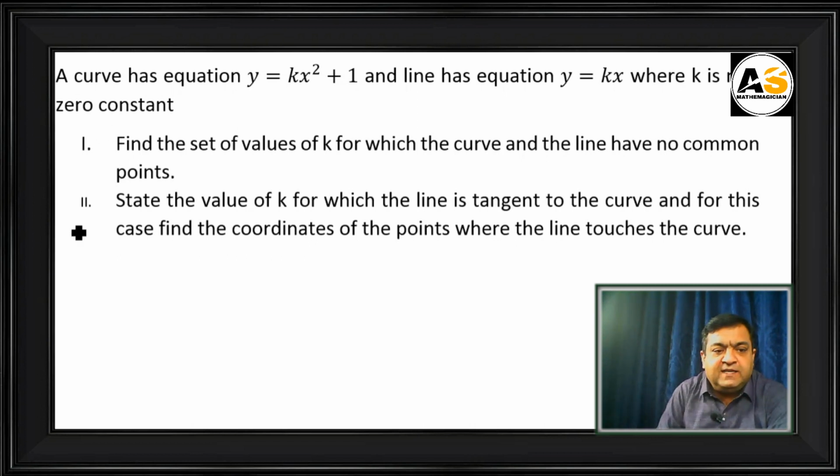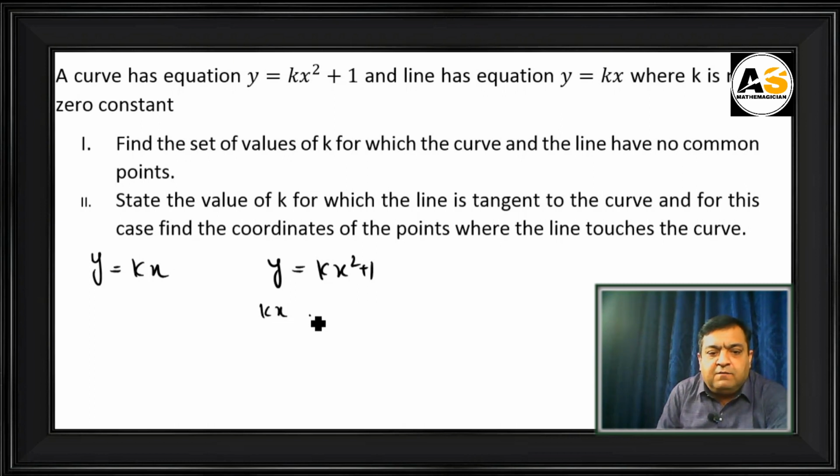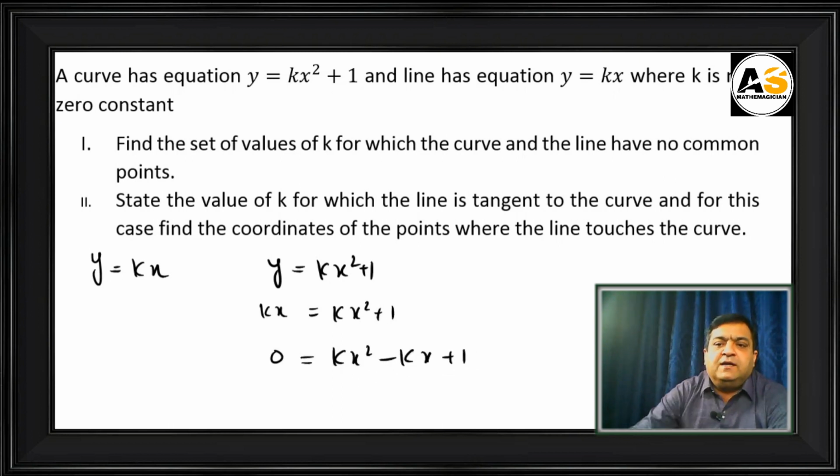So let us solve this. The line is y is equal to kx, the curve is y is equal to kx squared plus 1. I am putting the value of y over here: 0 is equal to kx squared minus kx plus 1. Since they have no common point, this quadratic equation's discriminant will be negative.